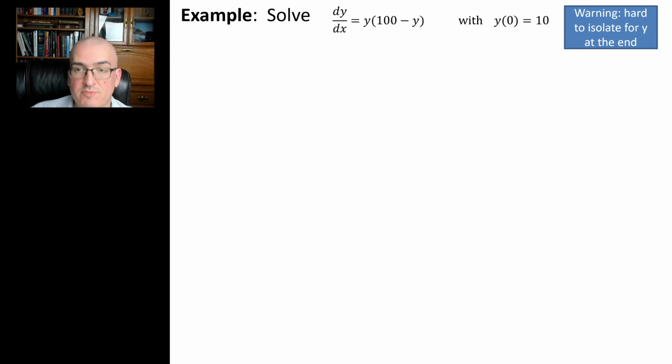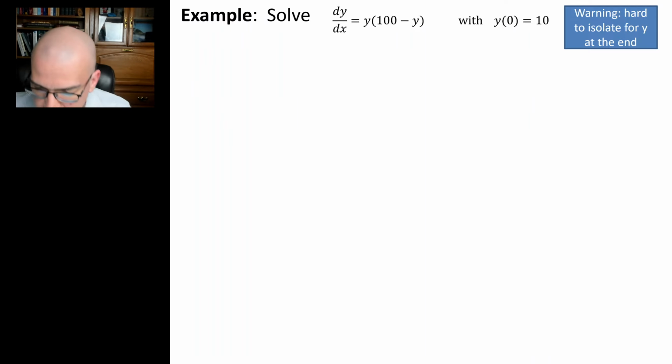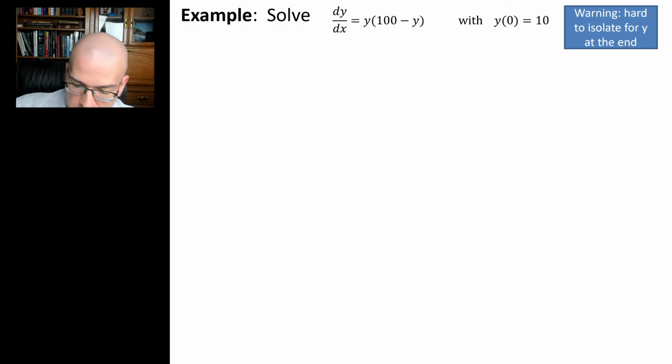All right, well, this next problem is a little bit more interesting. It's going to require that we do something we haven't had to do, and that's to use partial fractions. So we'll start the usual way.